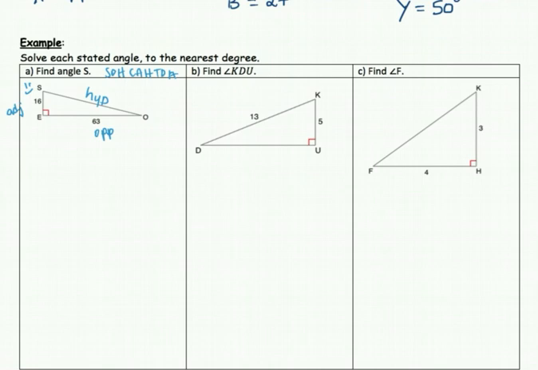We have the adjacent, we have the opposite, and we don't have the hypotenuse. So in order to find angle S, which formula should we use? We need to use the tangent formula. Let's write that in: tangent theta equals opposite over adjacent.